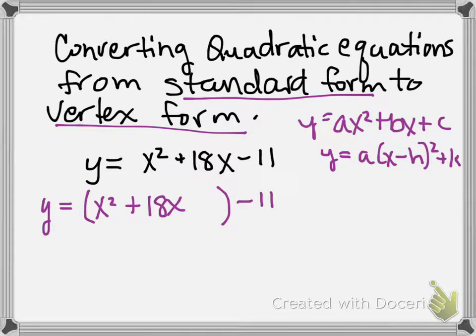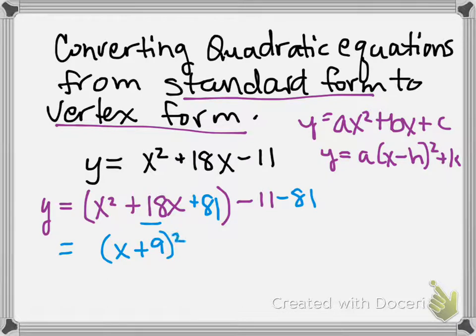Okay, the next thing we do is we take half of b and square it. So 9 squared is 81. We're going to add 81 inside here. Since we're working on the right side of the equation only, we're not balancing out with the left side. If we add 81 there, we need to subtract 81 here. Okay, so then we factor stuff that's in parentheses.